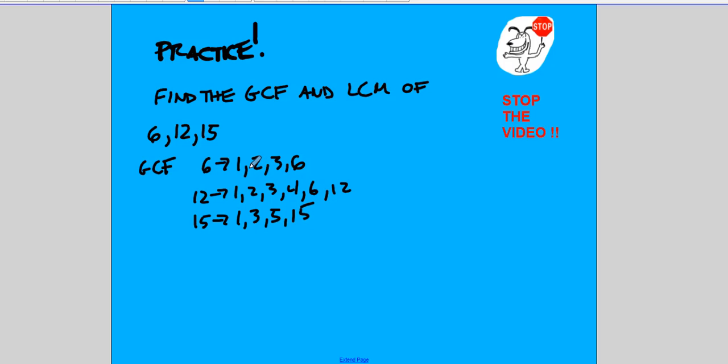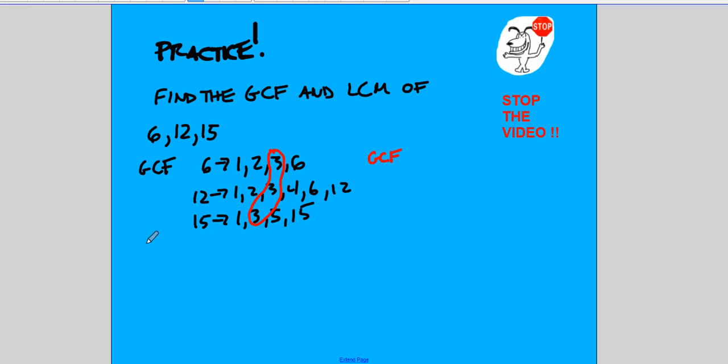The greatest factor that they have in common, you can see, is 3. So that's the greatest common factor. You can also mentally think about what's the largest number that divides into all these numbers? That would be 3, which is essentially what we did here, except you're doing it mentally.